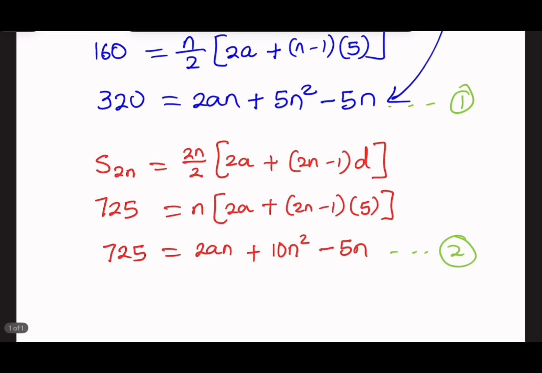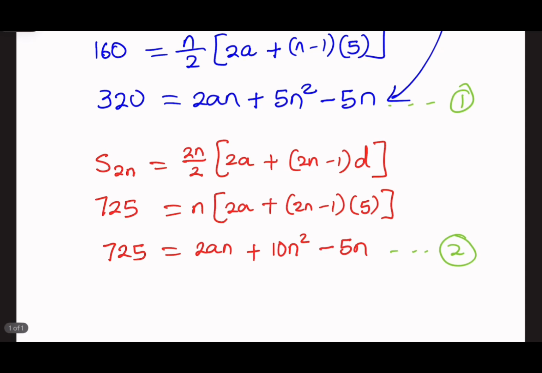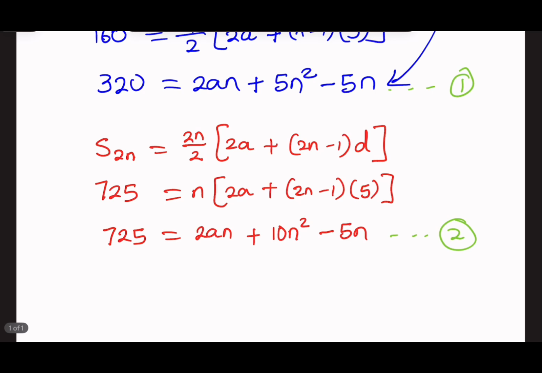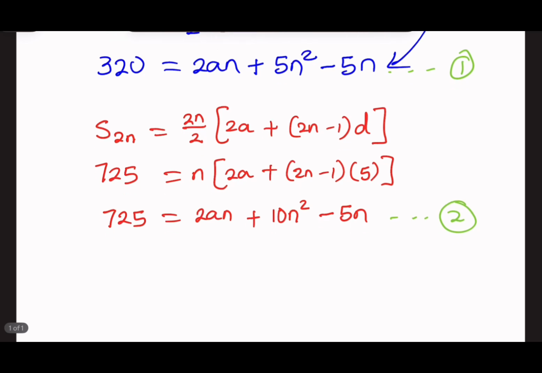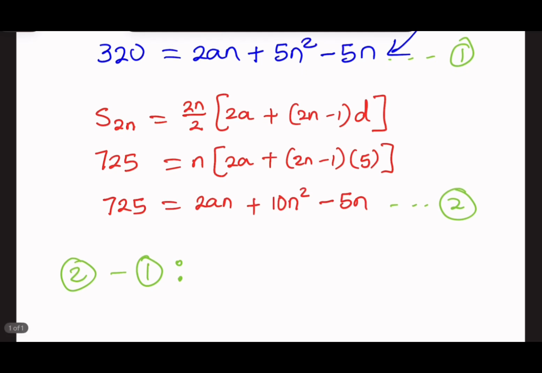I can't help but notice that these have the same 2an. They also have the same negative 5n. You just like to have this, because things are going to cancel out if you do some sort of elimination. So you go equation 2 minus equation 1, which you're always allowed to do as long as you follow the order.